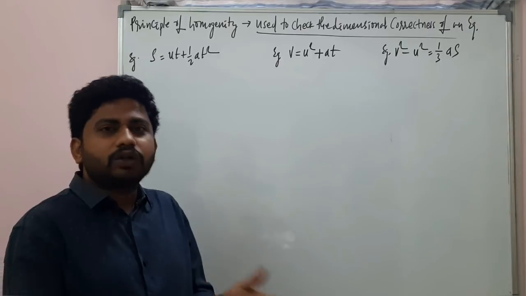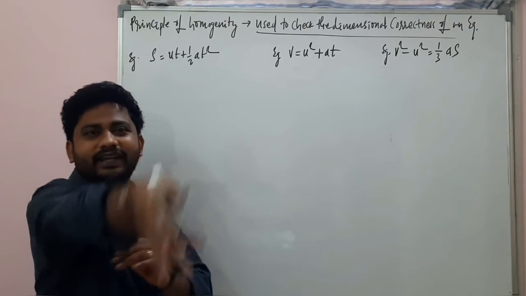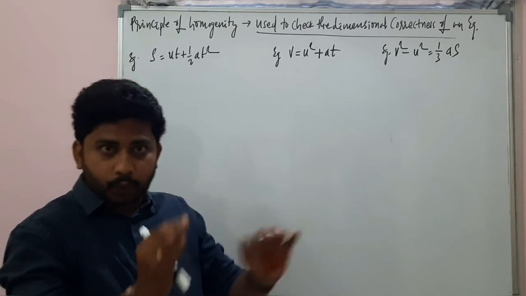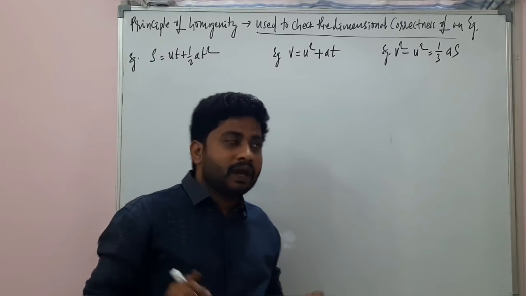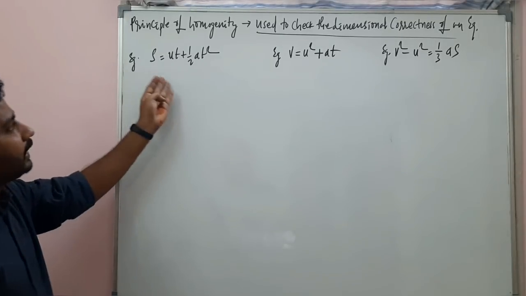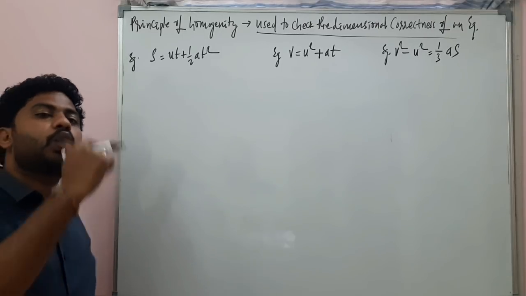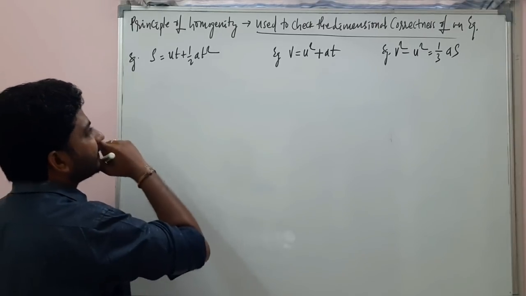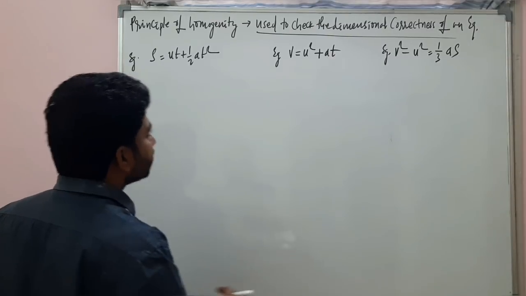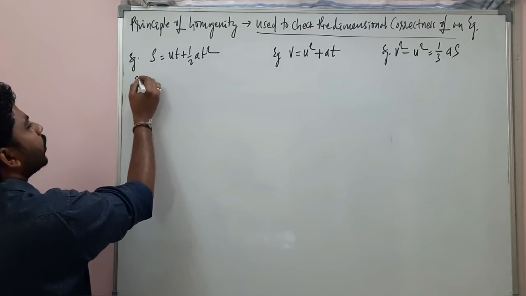You know the kinematic equations, but do not compare these equations with kinematic equations for the time being. And it is clearly mentioned that in all three equations, the symbols have their own meaning.